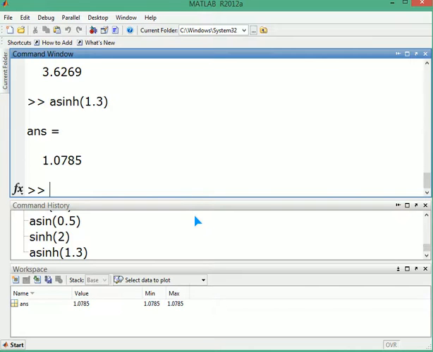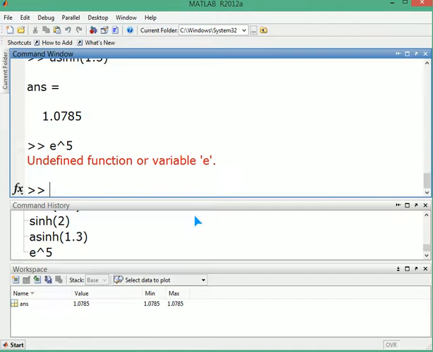Now coming to exponential, you know, e to the power x. So how to compute that? We may be tempted to do something like this. This is not going to work actually. We have to use a function called exp. This is the exponential function, and we may pass the value 5, that is e to the power 5, then we'll have a value.